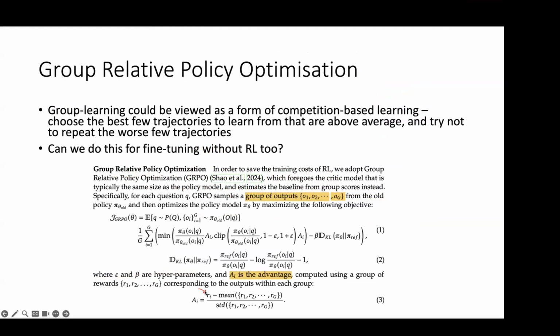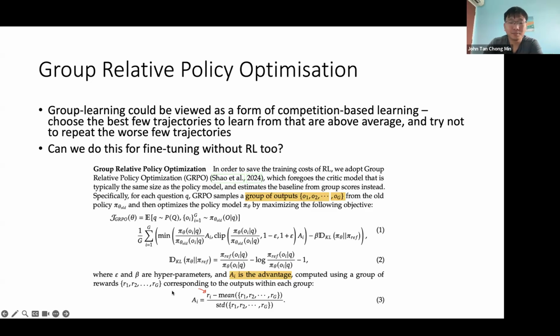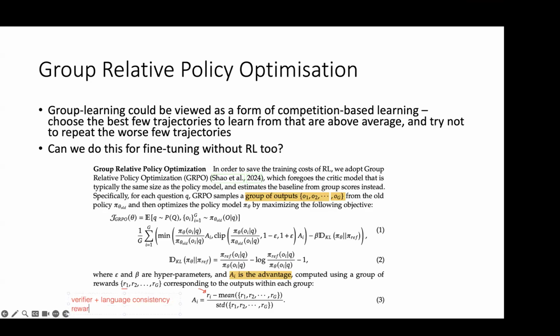Traditionally, RL advantage is defined as Q minus V, but in this case there's no critic estimating here. Q is a different thing from estimating R. Here R is given by the checker because it's verifiable. Actually, R here is both the verifier plus the language consistency reward. Anyway, this is well defined.